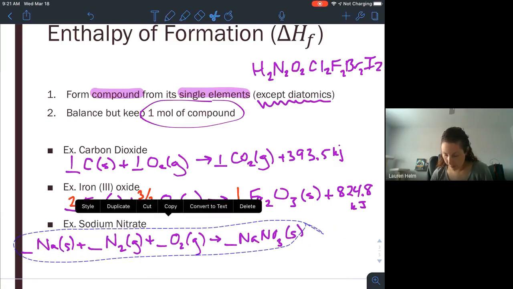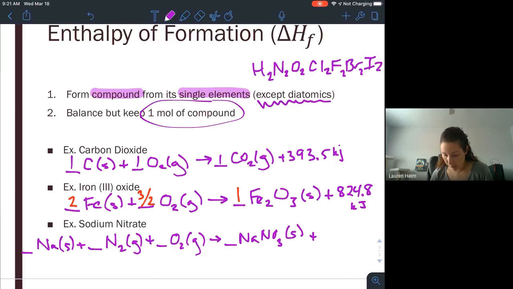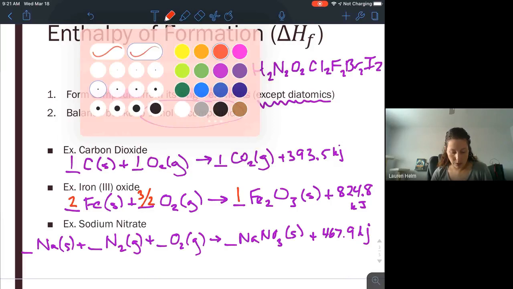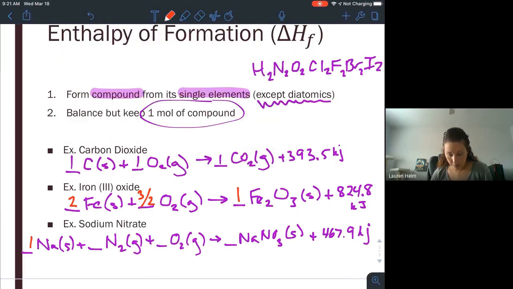And our enthalpy is 467.9 kilojoules. Again, these were all exothermic, which is why they all ended up on the right side of the reaction. Now, to balance this one, we need coefficients of 1, 1/2, 3 halves, and 1.